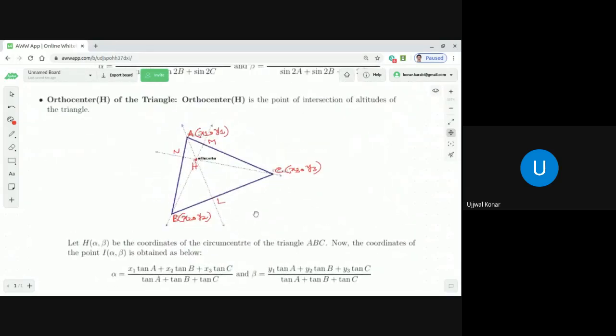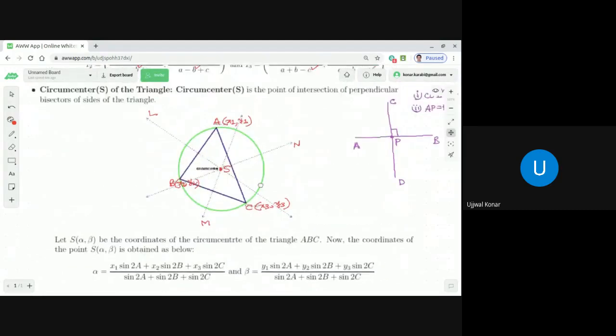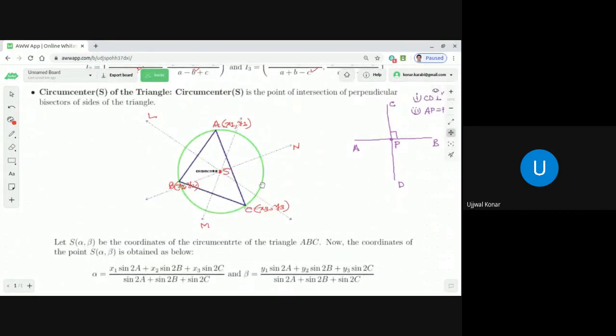As you see, the orthocenter is denoted by H, and we find its coordinate as x1 tan A plus x2 tan B plus x3 tan C, divided by tan A plus tan B plus tan C. The orthocenter is the point of intersection of the altitudes of the triangle. And before that, we discussed the circumcenter, which is the point of intersection of the perpendicular bisectors of the sides of the triangle.